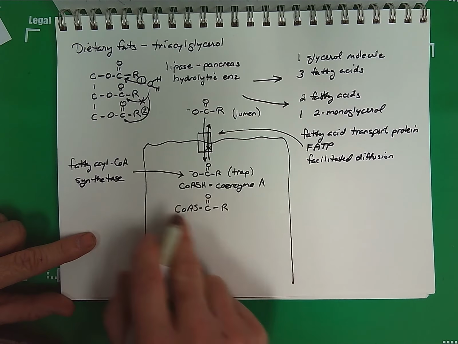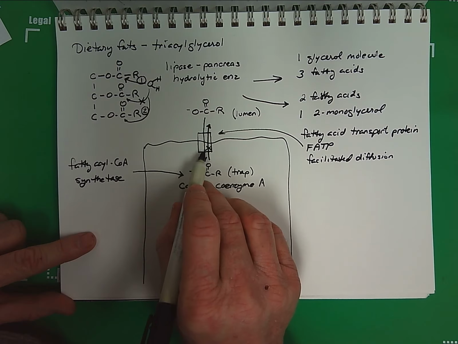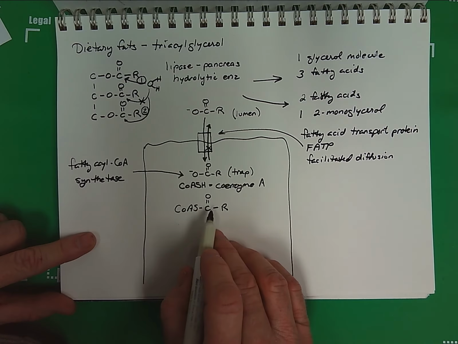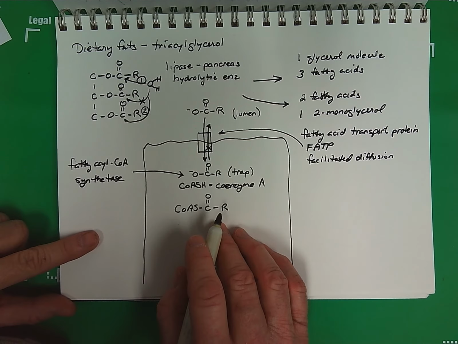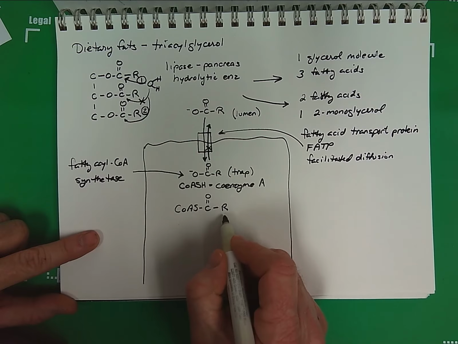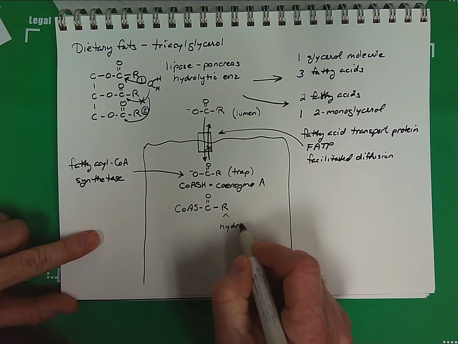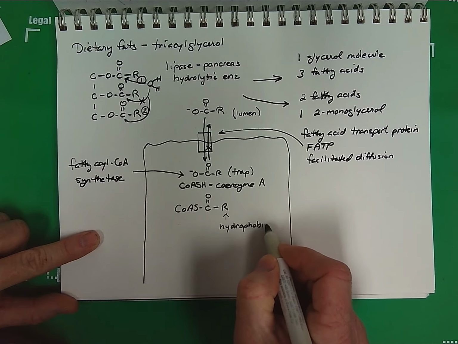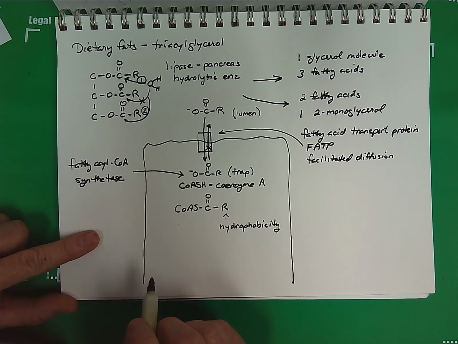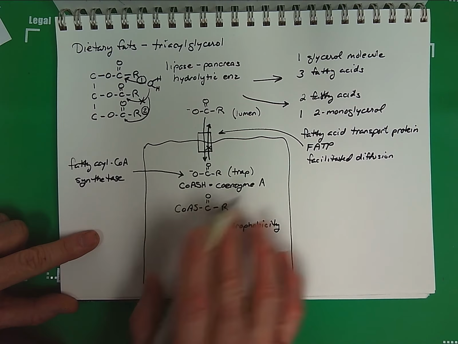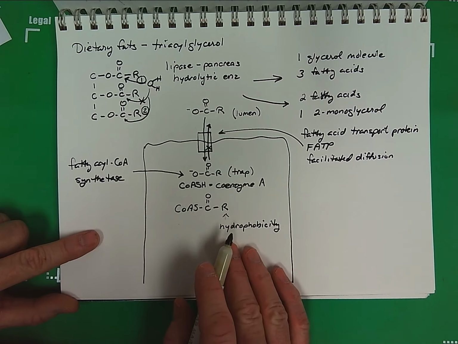Now this structure is physically different than the fatty acid, so the FATP transporter will not recognize it. Now we have one more issue here, and that's the hydrophobicity of the hydrocarbon chain. This is not soluble in the cytoplasm. So how do we transport this in an aqueous environment of the cytoplasm?